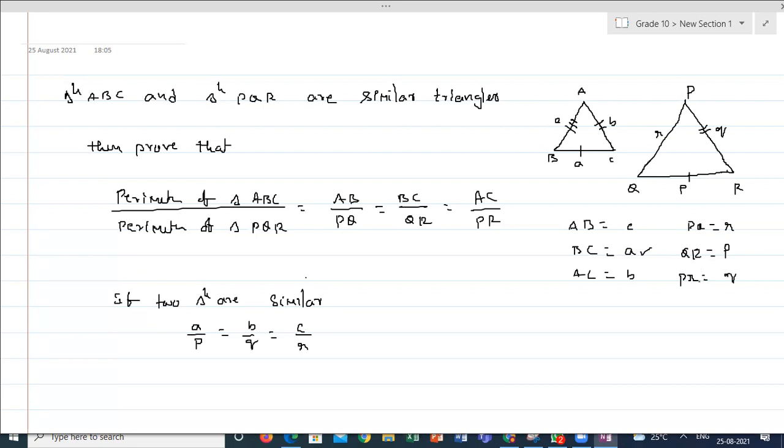Instead of writing AB plus BC plus AC, I'm writing like this. Or you can take it straight away. So I have to prove, what do I have to prove? This is given: AB by PQ is equal to BC by QR is equal to AC by PR.